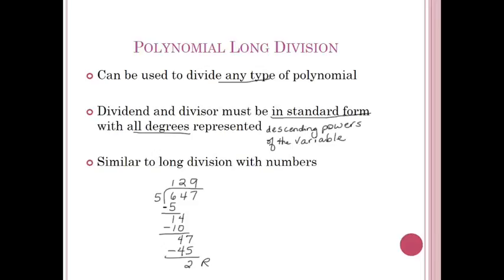Now you can write this a couple different ways. You can write your answer as 129 with a remainder of 2. You can write it 129 and 2 over the divisor, which is a 5, 2/5. Or it could also be 129 plus 2/5.